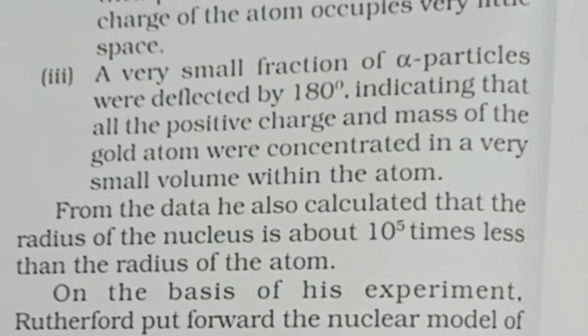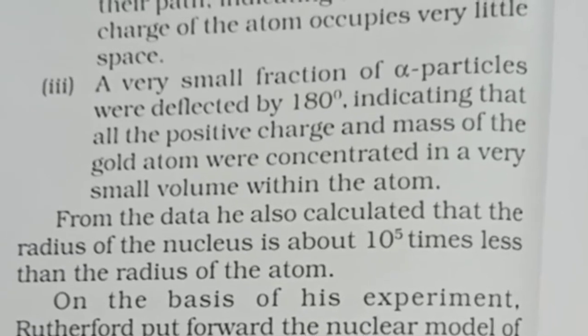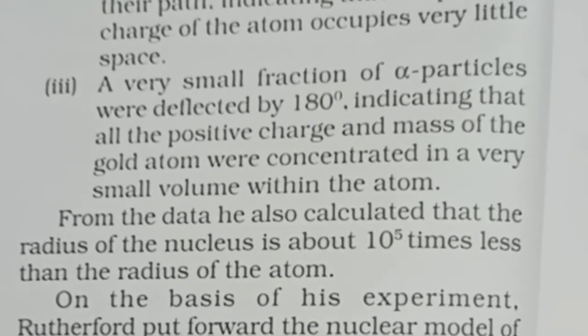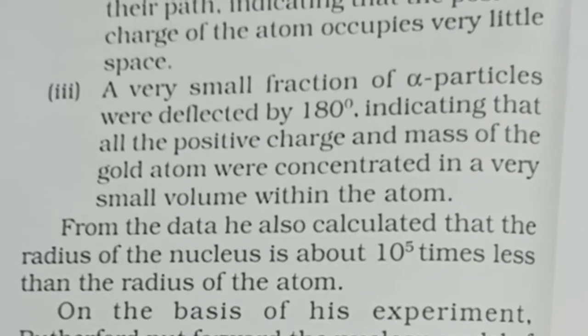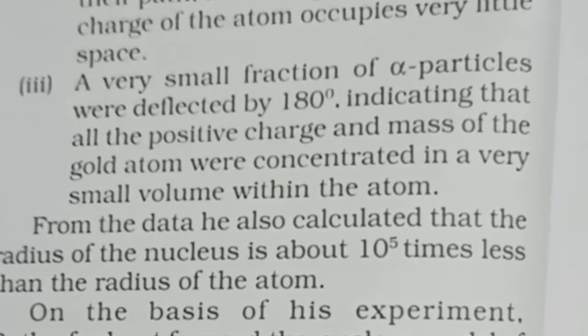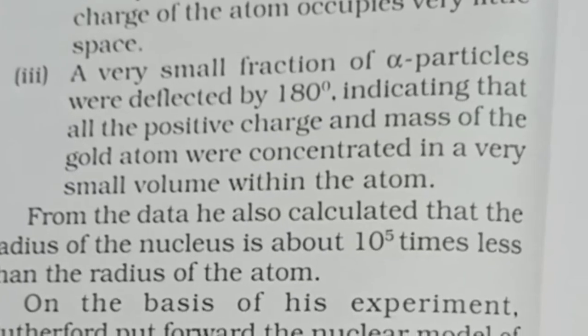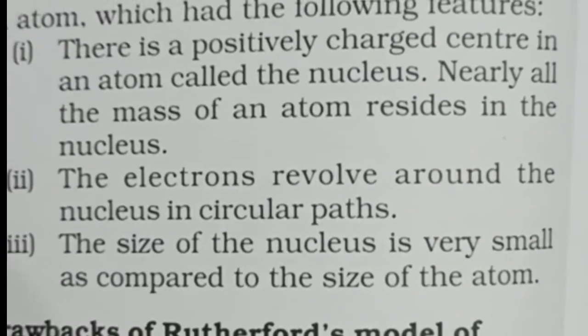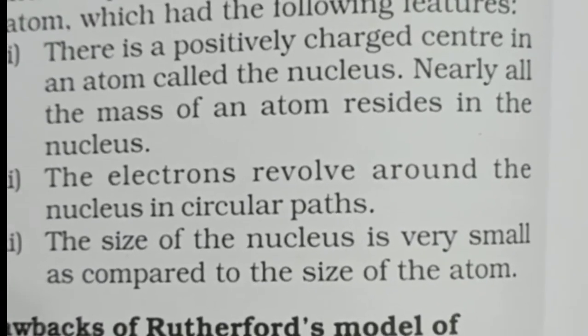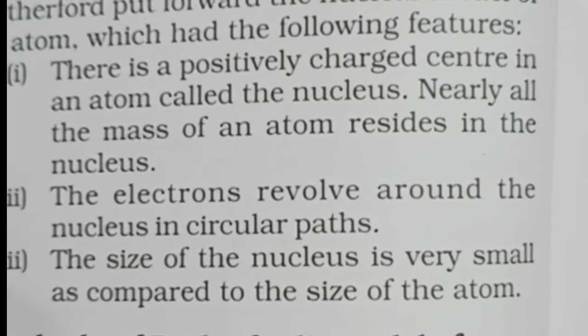After performing this experiment and many more experiments, Rutherford gave some conclusions. The conclusions were that there is a positively charged center in an atom called the nucleus, and nearly all the mass of an atom resides in the nucleus.